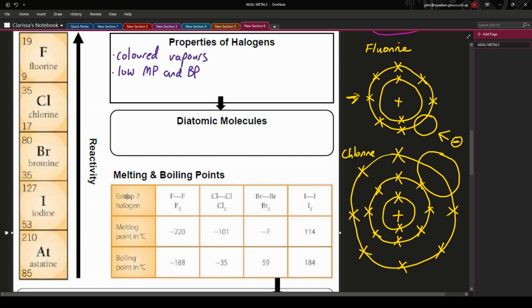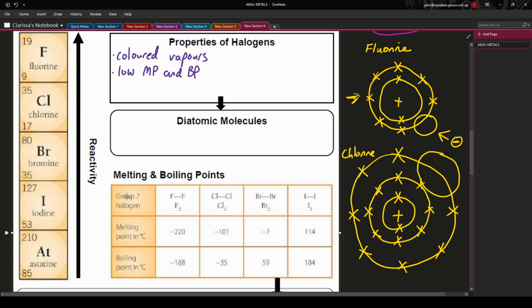Now, the way you think about this, in terms of analyzing it in your head, is the lower the number, the easier it is for it to have melted. So for example, fluorine melted, it turned into liquid at negative 220.